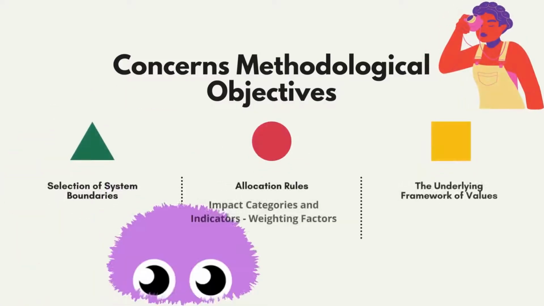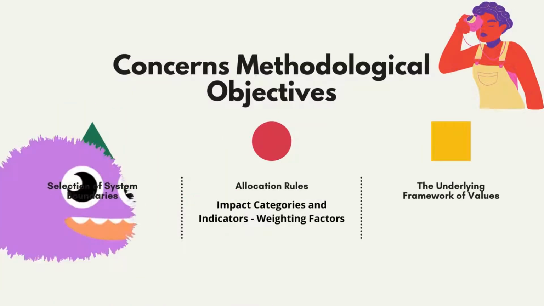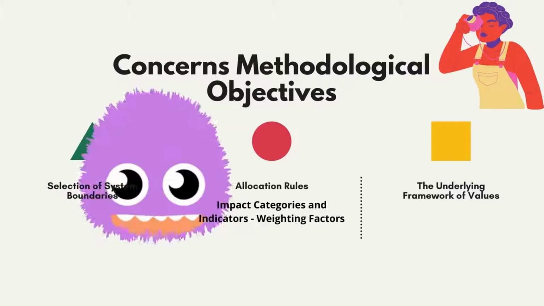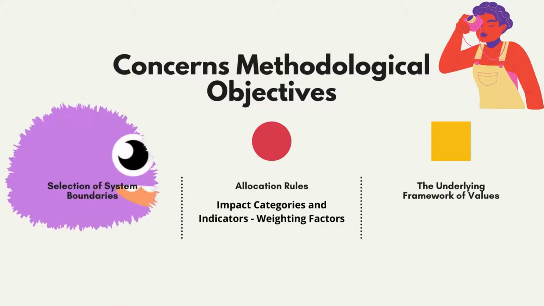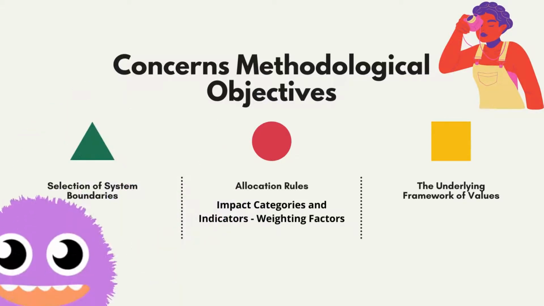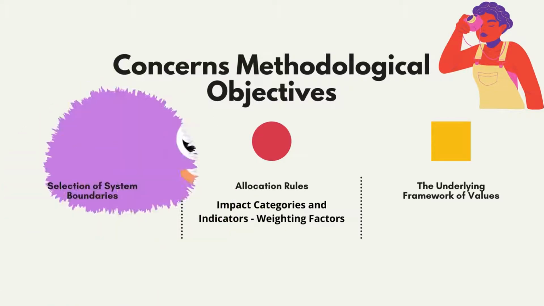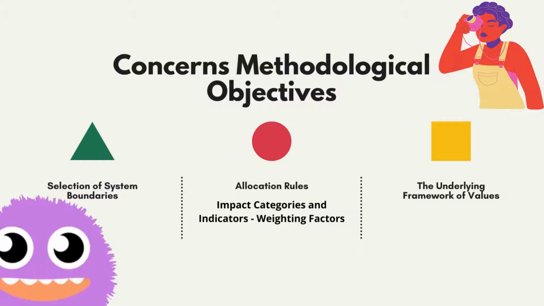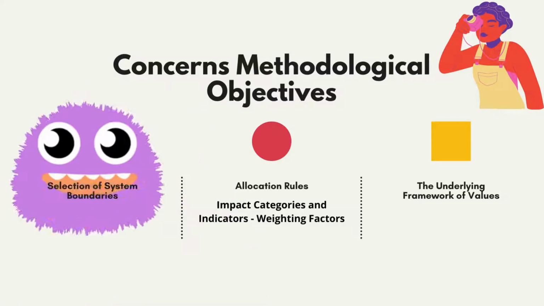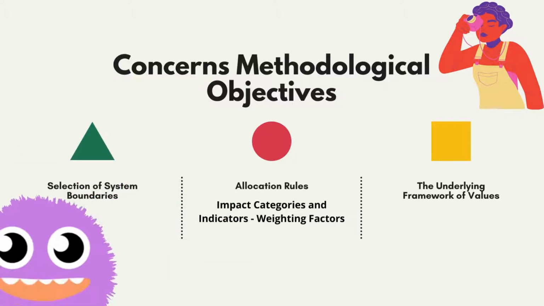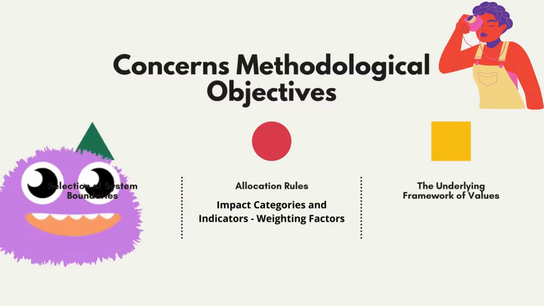The consensus methodological objectives that lie behind this are selection of system boundaries, allocation rules, impact categories and indicators, including weighting factors if present, and lastly the underlying framework of values.